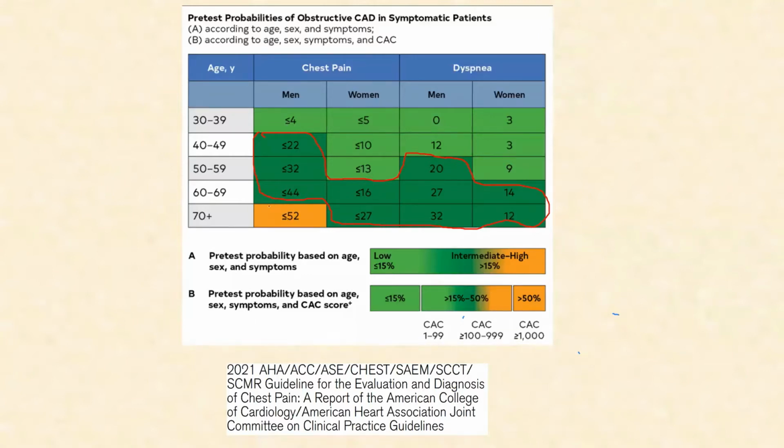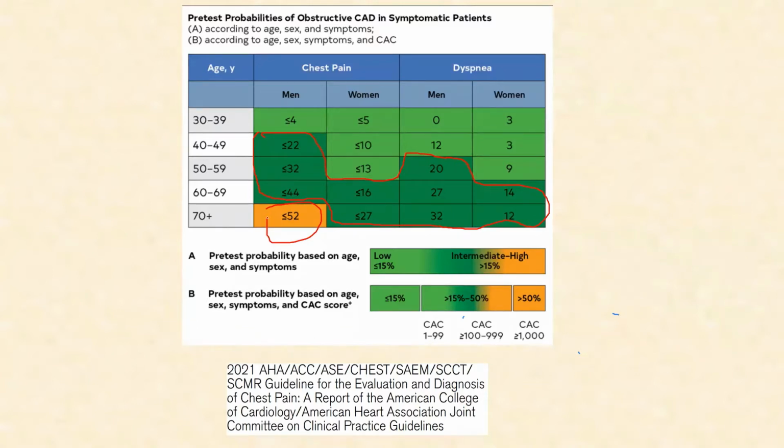Now, for high-risk patients like this here in orange, and high risk is defined as more than 50% risk of coronary artery disease. So if the pretest probability of coronary artery disease in a patient after evaluation is more than 50%, you might choose to go for invasive coronary angiogram, and that is right.